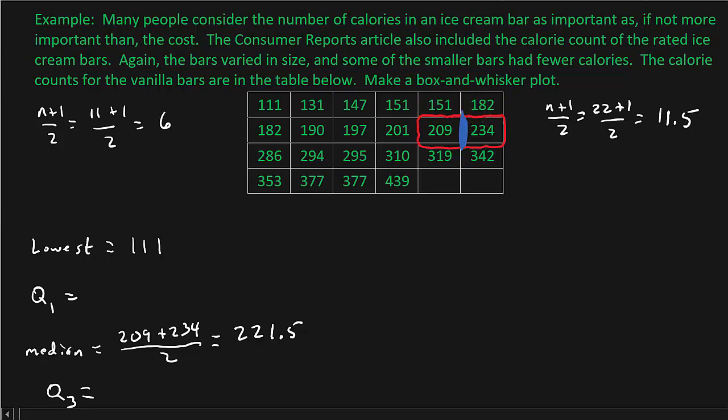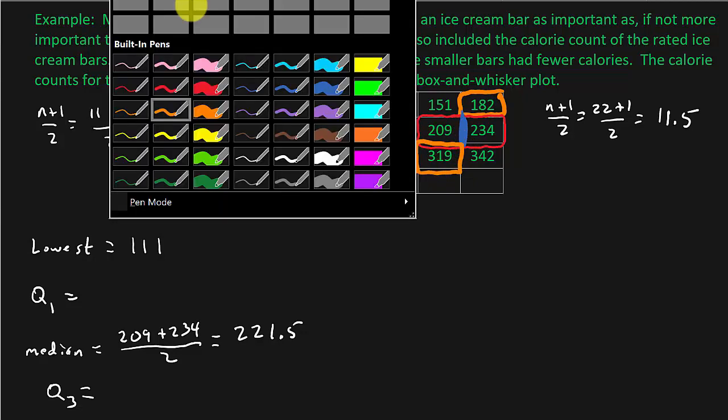So this would be your median. And then for the upper half, we're going to start with the 234. 1, 2, 3, 4, 5, 6. So this would be your median for the upper half.